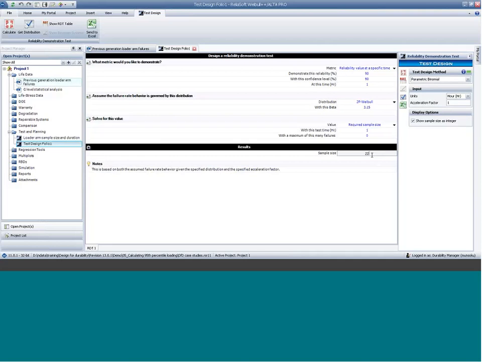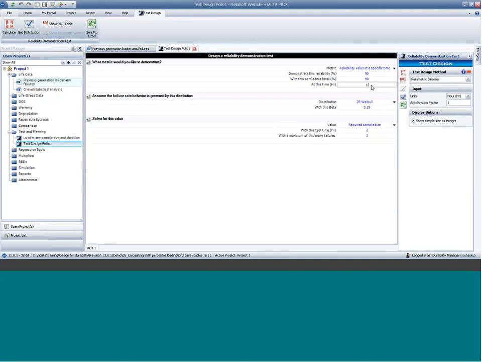So let's just say, what if we run to 2 lives? Now this says hours here, just ignore that. The key is whatever our one life test is, that's 50,000 cycles we talked about, we're going to run 2 lives and infer R90, C90 at 1 life.